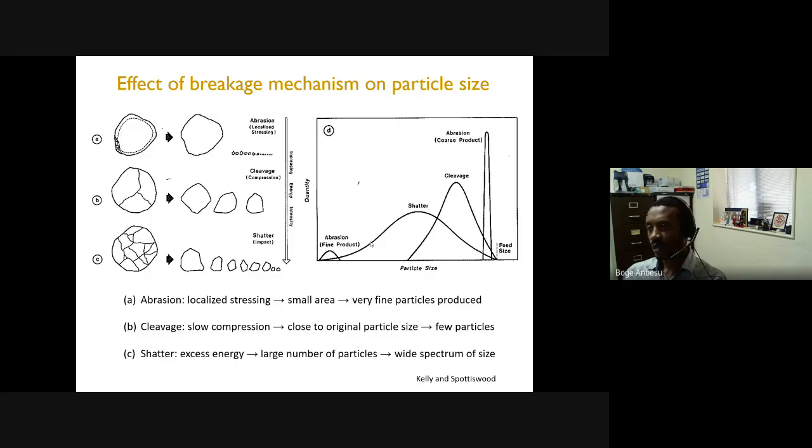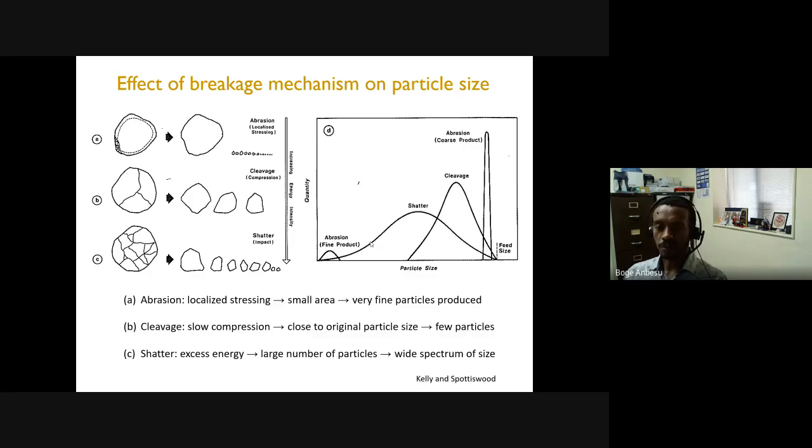If you apply cleavage or compression, you produce a few large rocks. If you apply impact, you produce a large number of rocks, but with a very wide size range. And that picture on the right simply tells you how particle size and quantity are distributed based on the mechanism of breakage that has been applied.